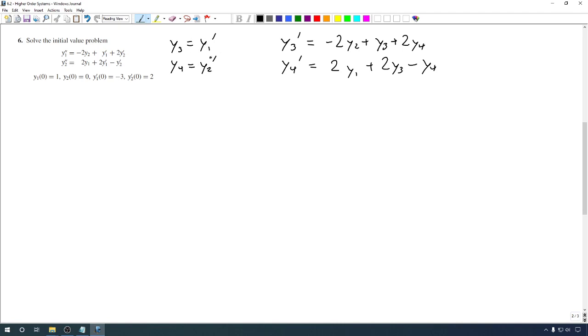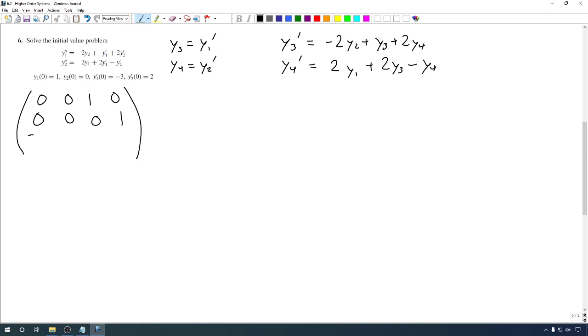It would make a little more sense if we made this y1 prime is equal to y3, and the same thing with y2 prime. But this is a new system, and that means we have a matrix here, where our first row comes from y1 prime. It's going to be 0, 0, 1, 0, because the only one we have here is a y3. Then for y2 prime, we have 0, 0, 0, 1.